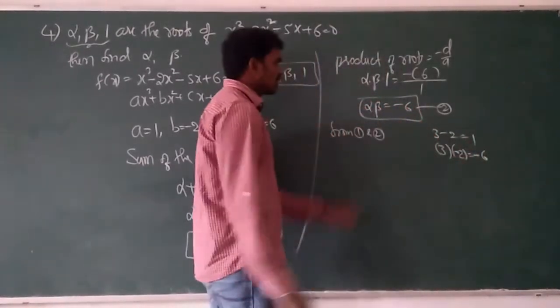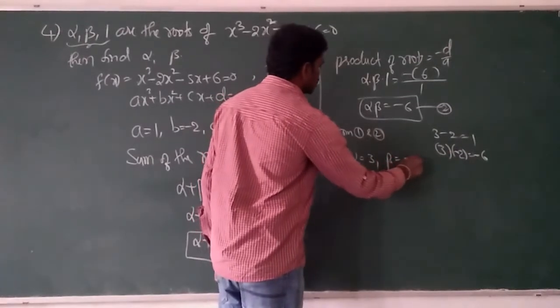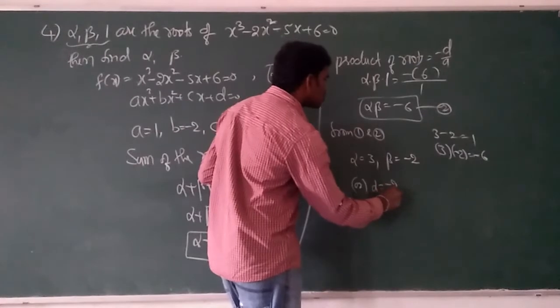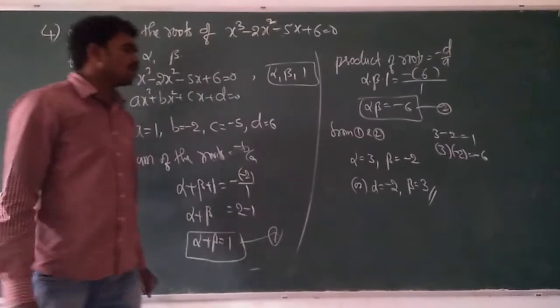To satisfy these two conditions, alpha is equal to 3, beta is equal to minus 2, or alpha is equal to minus 2, beta is equal to 3. Both ways we can express it, no problem.